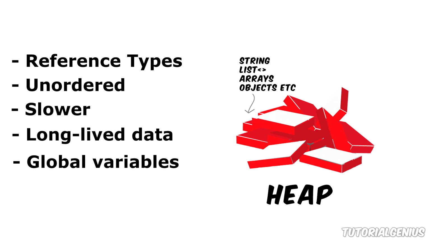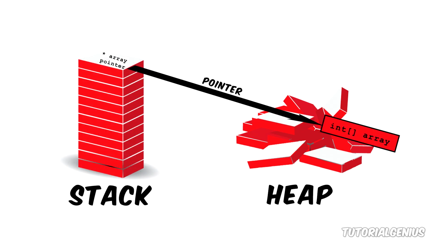So things like strings, classes, arrays are all considered reference types, and that's a keyword you may hear a lot in the future. When you create a new reference type, which is stored in the heap area of memory, what also happens is that something called a pointer is created on the stack.